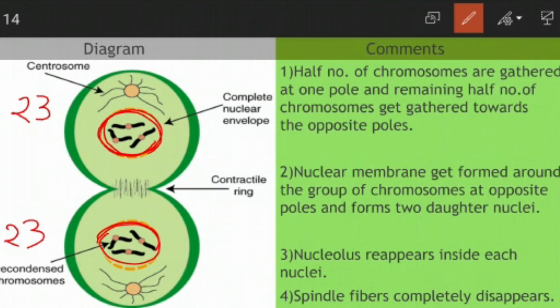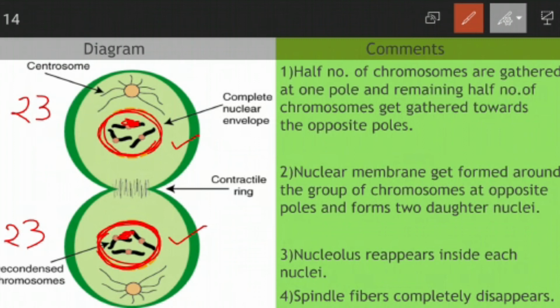Around each and every group which is present on both the poles, nuclear membrane reappears. Now inside the nuclear membrane, nucleolus develops or reappears. So in this way, can you see, from one nucleus, two nuclei are formed in a single cell. Two daughter nuclei are formed, that is karyokinesis took place.